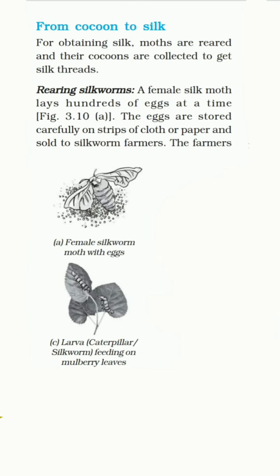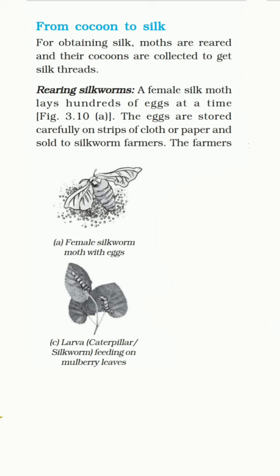Now class, we will know step by step how this conversion of cocoon to silk happens. So as you can see in the slide, for obtaining silk, moths are reared and their cocoons are collected to get silk threads. So the first heading is rearing silkworms.